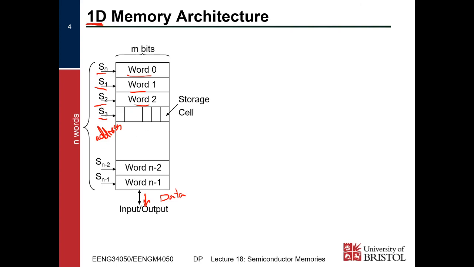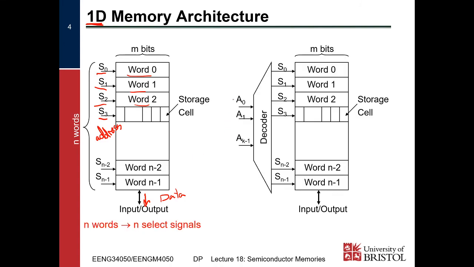The problem with this, obviously, is that if you've got more than 100 bytes in your memory, you end up with more than 100 select lines, and this is just unfeasible. We can't put that many pins on our package. We can't have all those lines. So instead we use something called a decoder.